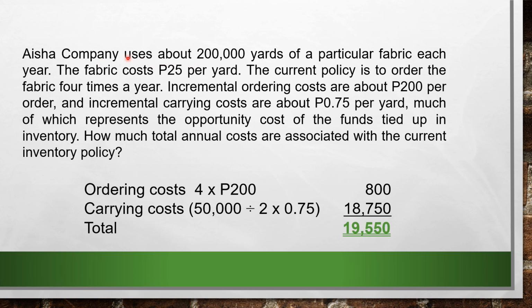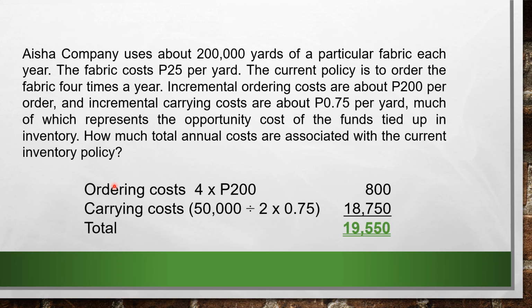The current policy is to order the fabric 4 times a year, and the incremental ordering costs are about 200 per order. The incremental carrying costs are about 0.75 per yard, much of which represents the opportunity cost of the funds tied up in inventory. So the question, how much total annual cost is associated with the current inventory policy?